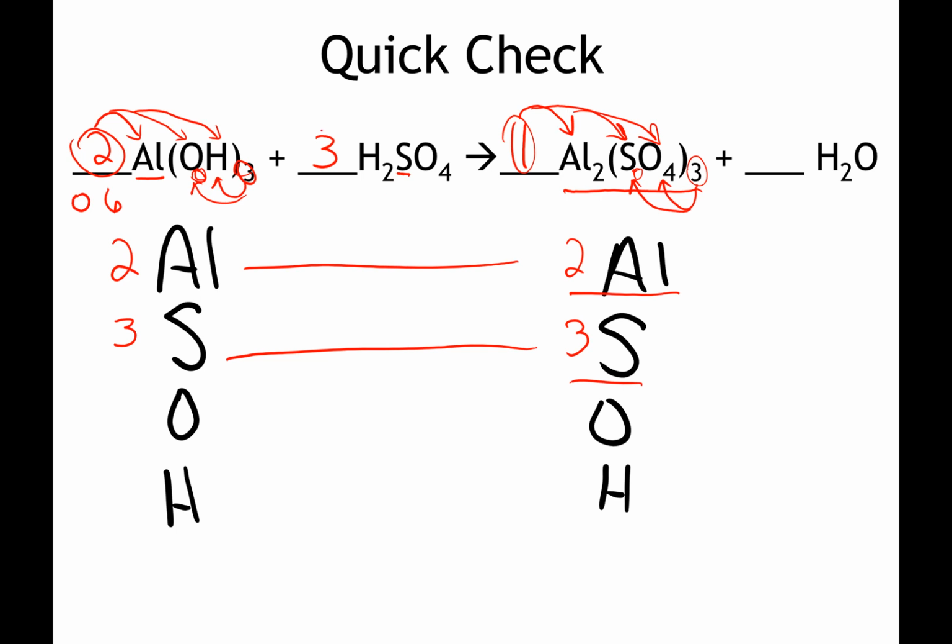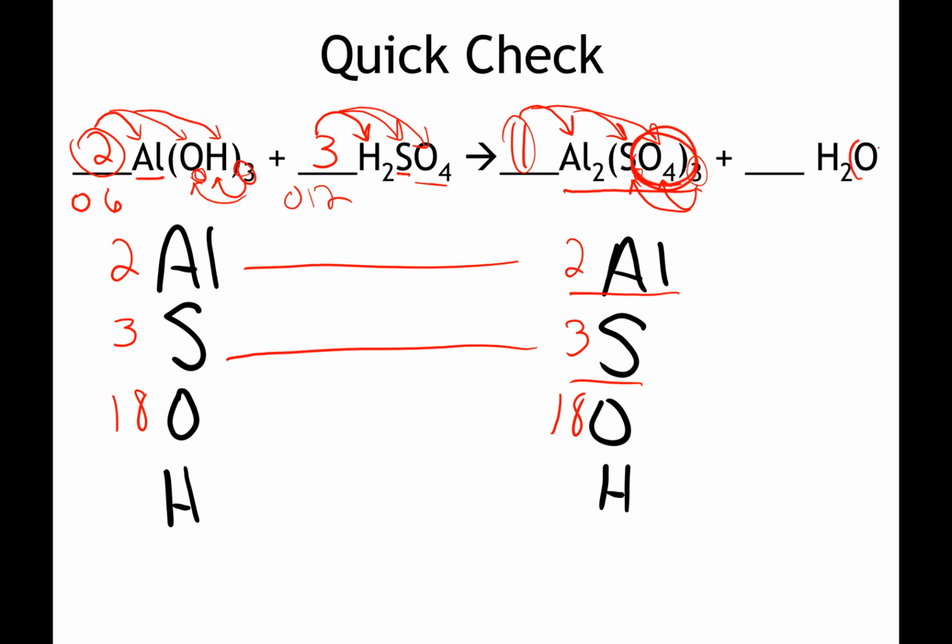If I look at this 3, again, it distributes to everything in the substance. So that means that I have 12 oxygen here. So 12 plus 6 gives me 18 oxygen on my reactant side, which means I need to have 18 oxygen on my product side. This one's tricky because I have oxygen in both substances.